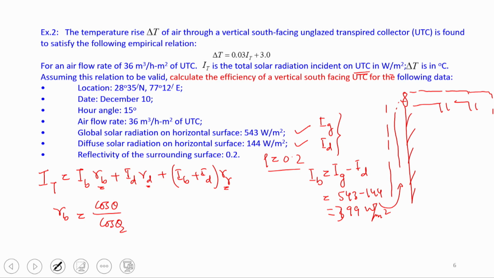So what is cos theta? Beta is given here. Beta is of course 90 degree here. It is 90 degrees vertical. Okay. So beta is 90 degree.